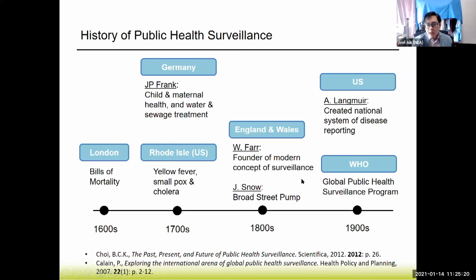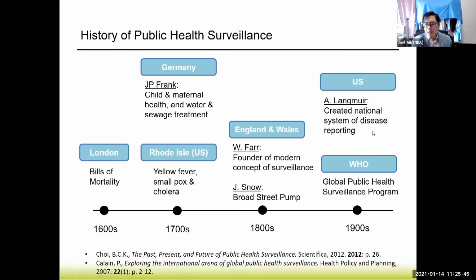Then in England and Wales, some of you may recognize this, John Snow. He is known to be the father of epidemiology in certain circles, and he carried out the investigation of the Broad Street pump that enabled the authorities to determine what was the cause of cholera back in London.